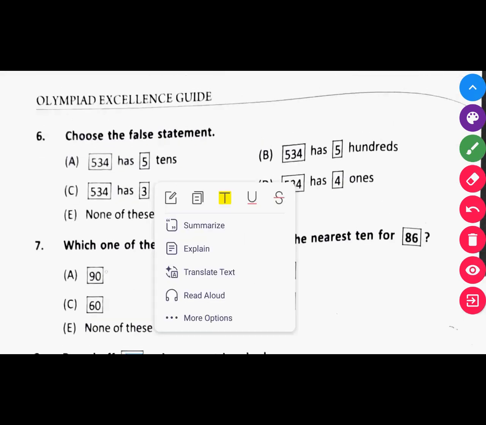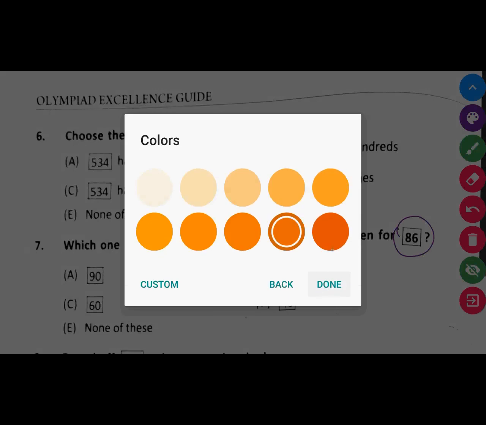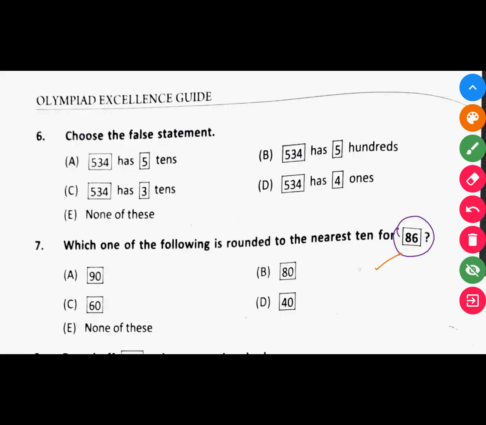Now the next is, which one of the following is 86 rounded to the nearest 10? Now as I had told you, the number is 86. So it has two options which are near to 86. The first one is 80. Sorry, the 10 which comes before 86 and the 10 which comes after 86. Now which is nearer?